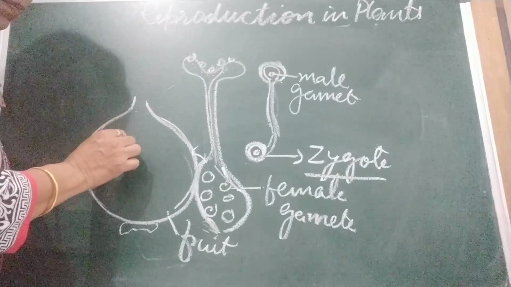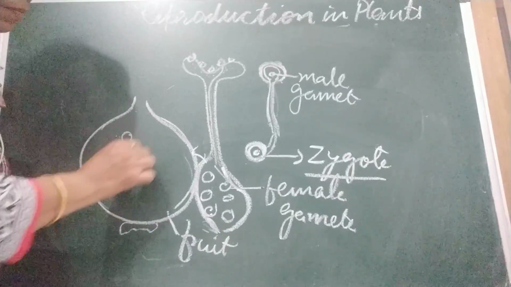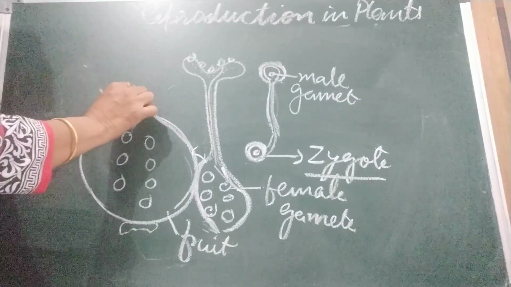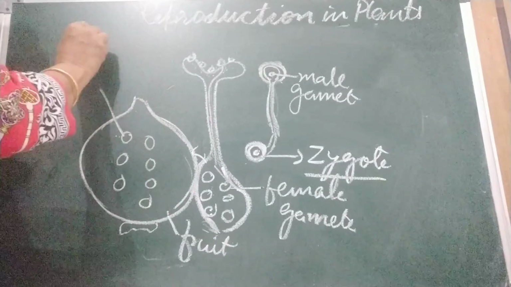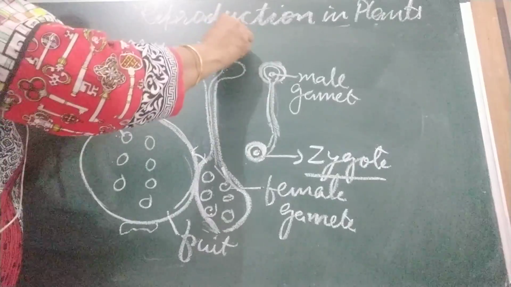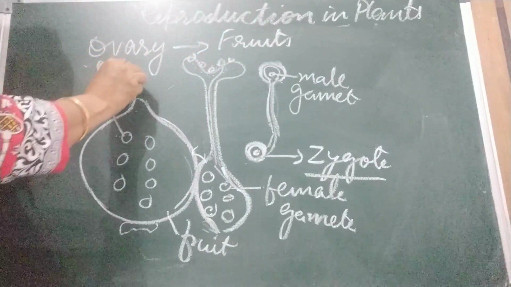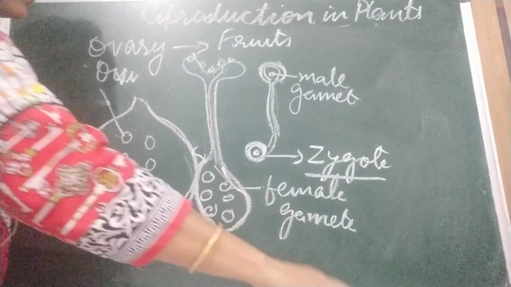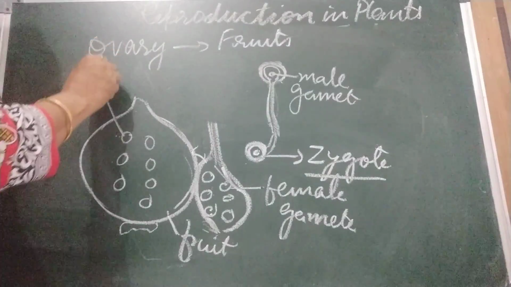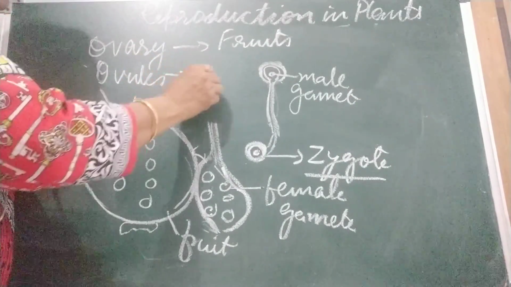The ovules become seeds. These ovules you are seeing, they become seeds. So the ovary turned into fruit, and ovules turned into seeds.